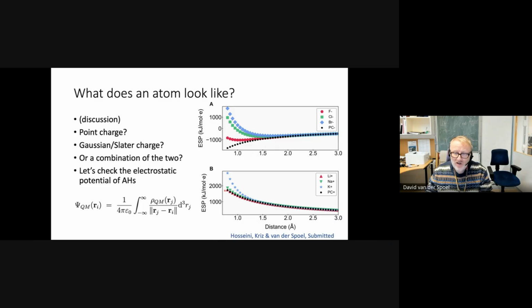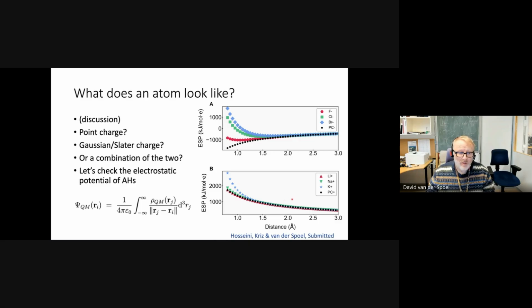And we see the same here for the cations, although the effect is much less, because this is always repulsive, but it becomes more repulsive for potassium, which is the largest of these 3. If you get close to the potassium core, and you come within the electron cloud, then the potential will become much more positive than that of a point charge.